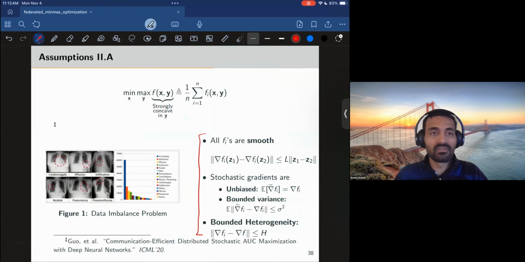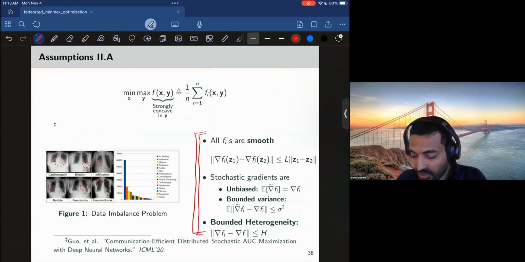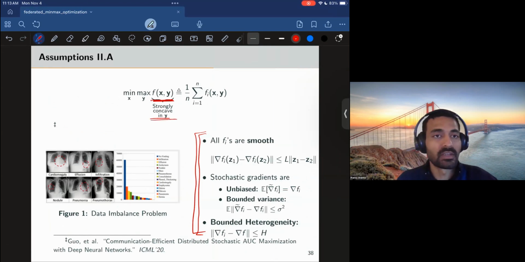But next, we look at two sets of problems. And these two sets will have two separate assumptions. So the first is we assume that in addition to all these assumptions, our global function f, which is the average of all the local functions, is strongly concave in y.